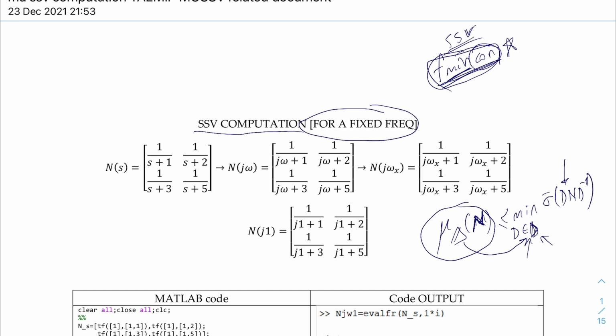Now we are going to use Yalmip. Yalmip is an LMI solver, and whenever you have an LMI problem, you also need some type of SDP solver. My SDP solver is called SDPT3.